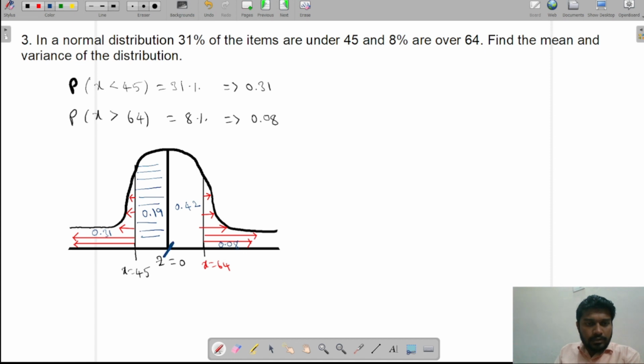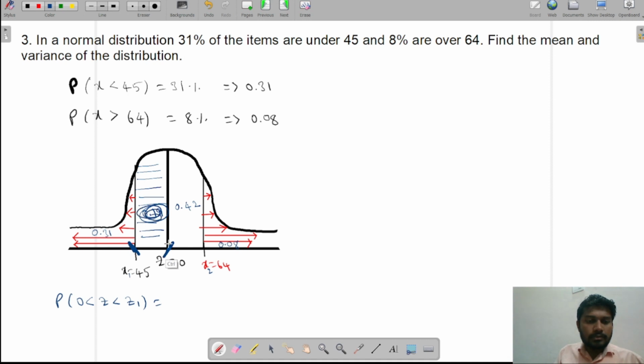From point 0 to here, can I say P of 0 less than z less than z1, because this is the point x1 and this is the point x2, because two x values are given in the question, right? So from here to here, 0 less than z less than z1. So how much area from 0 to z1?